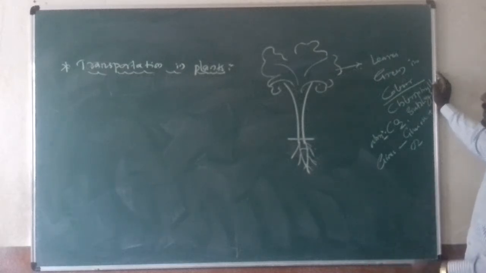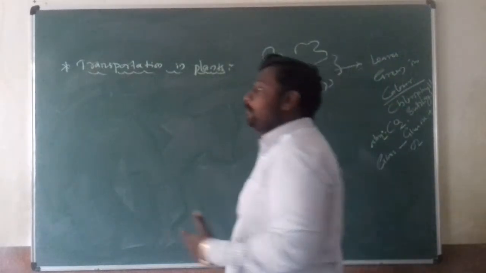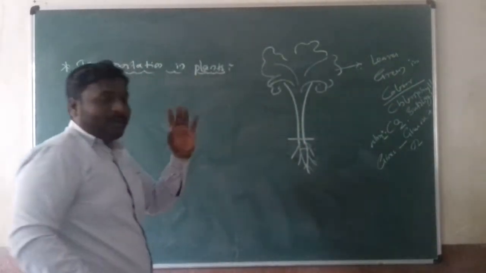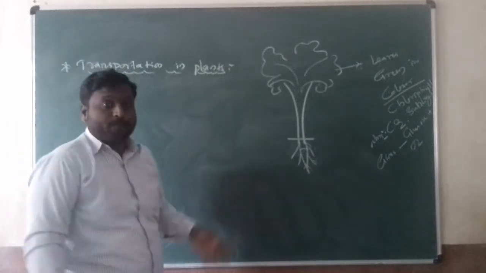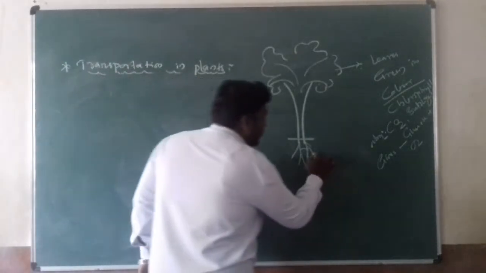But my dear students, just imagine how the process of transportation takes place here, because plants are elongated, or long. How does the process of transportation take place here? Conduction of water, and also of food, takes place.